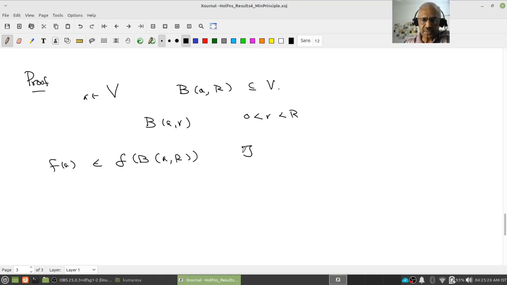Therefore there exists an epsilon positive such that B(f(a), epsilon) is contained in f of B(a, r).